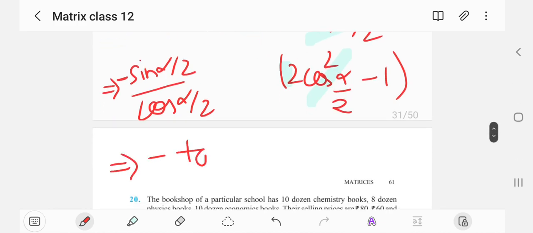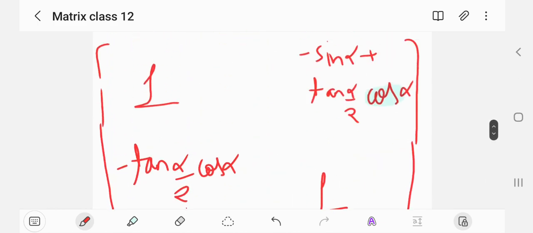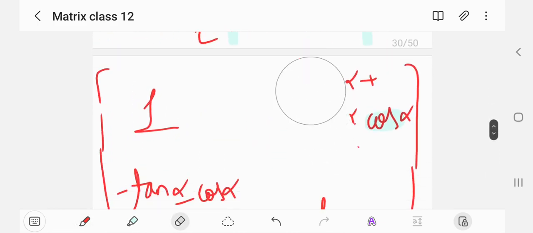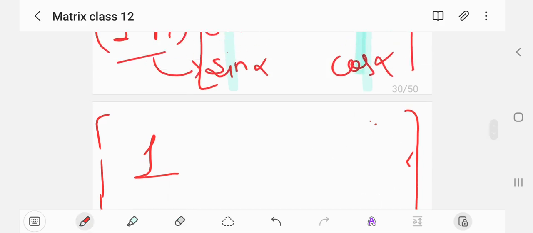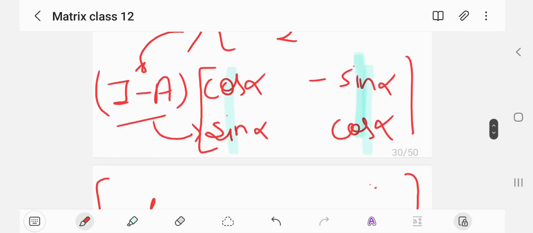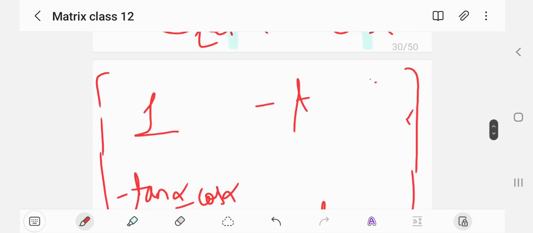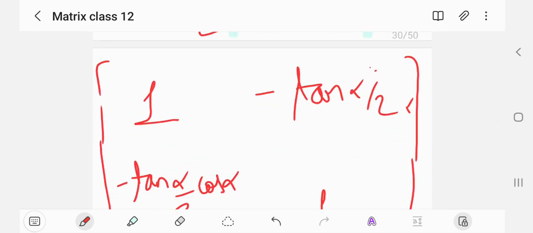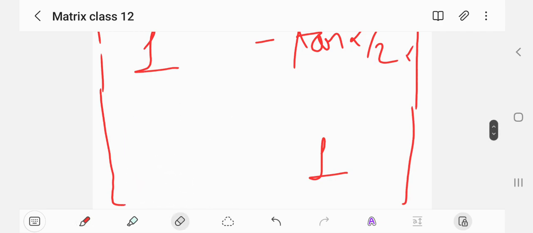It would become minus tan alpha by 2. This is our aim also. We have to convert it into minus tan alpha by 2, and how do we know it? We know it from here, right? Here it is minus tan alpha by 2, so it will become minus tan alpha by 2. Similarly, you can do this and it will turn into tan alpha by 2.